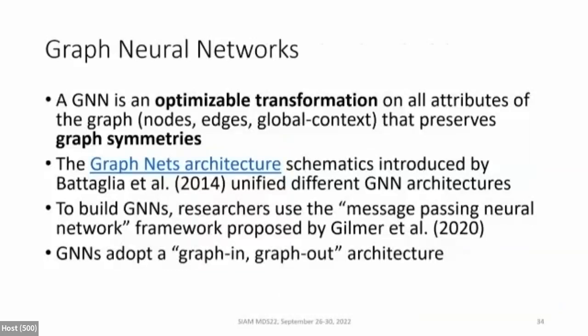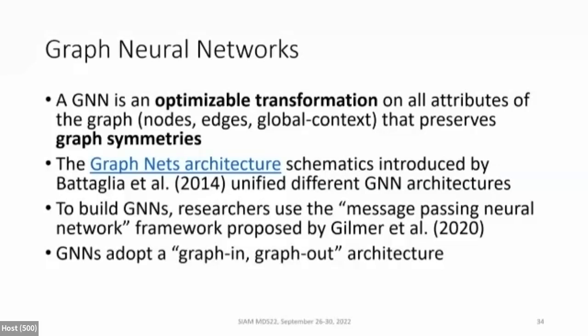So the goal of graph neural networks is to optimize the transformation of all the attributes in the graph, including nodes, edges, and the global context, and also to preserve the graph symmetries. The graph nets architecture was introduced by Battaglia in 2018, and this architecture unified the different previously proposed architectures.